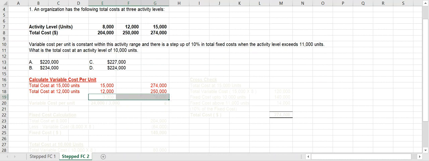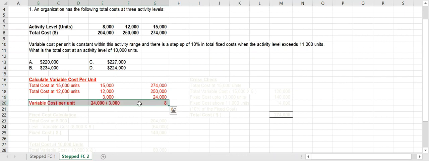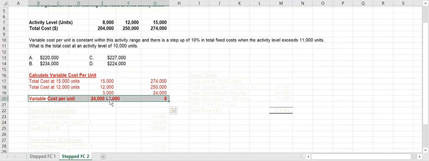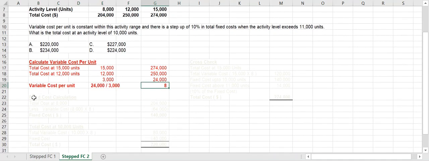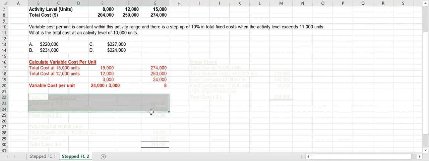So the difference in total cost is 24,000 and the difference in units is 3,000. When you divide the total cost difference by 3,000 units, you will get a variable cost of 8 per unit.